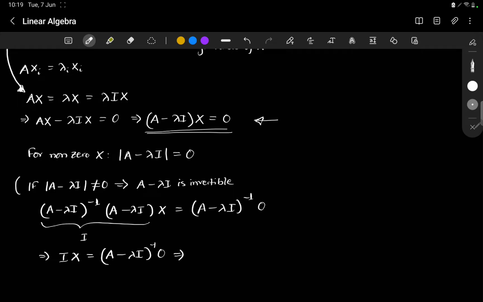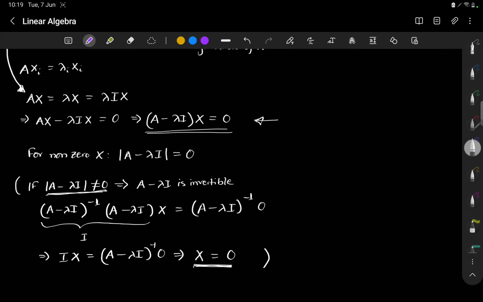Anything times identity leaves that matrix or vector unchanged. So if this determinant of A minus lambda I is non-zero, that gives us x equal to 0, that is the zero eigenvector. We do not want this condition. So for non-zero x, we need determinant of A minus lambda I equal to 0, so that the inverse of A minus lambda I does not exist.